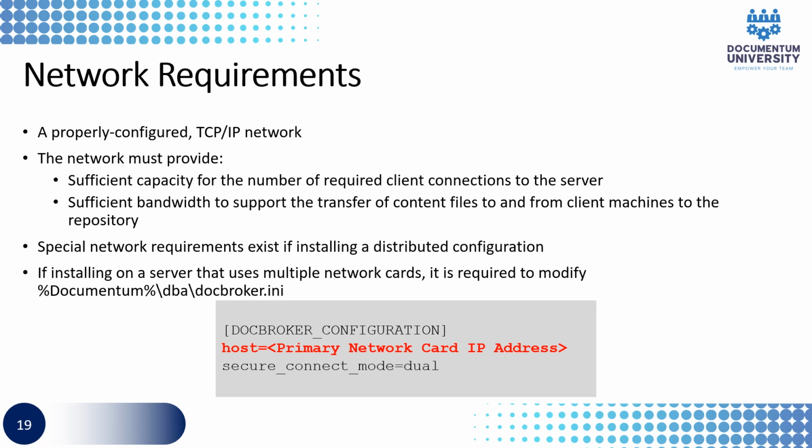If you are installing the Documentum system on a server that uses multiple network cards, it is required to modify the docbroker.ini file by adding the line host equal to the IP address of the primary network card. The example has been added on the slide. This modification is necessary to ensure that the Documentum system processes are properly bound to the correct network card and to avoid any potential connectivity issues.